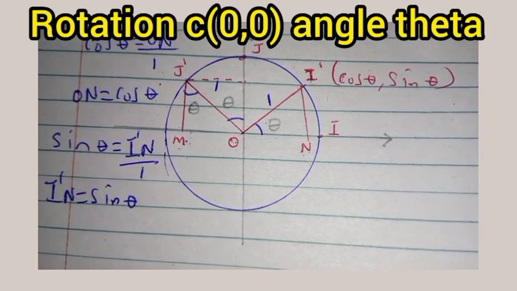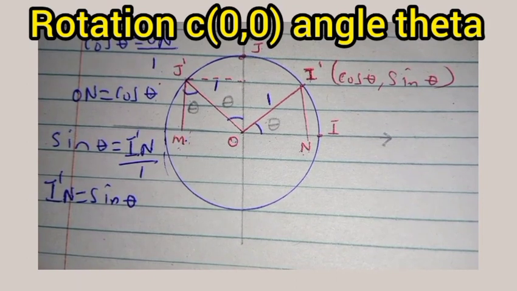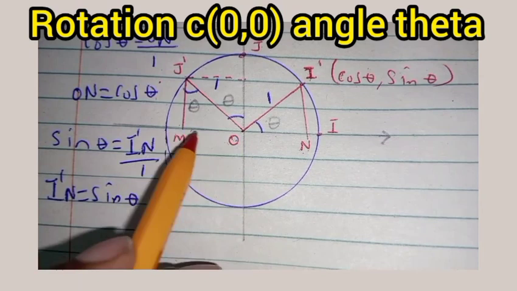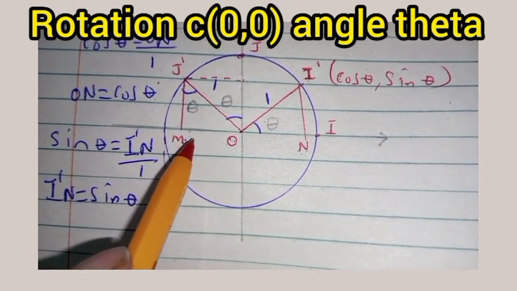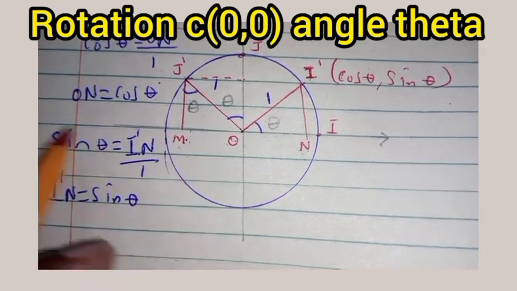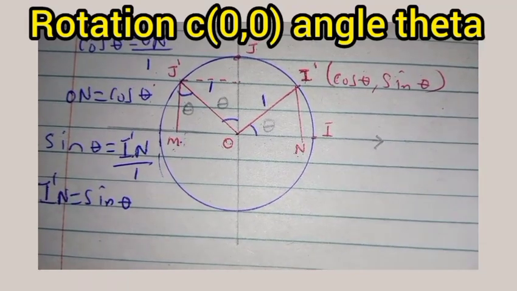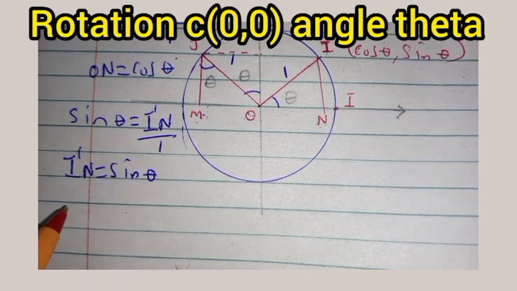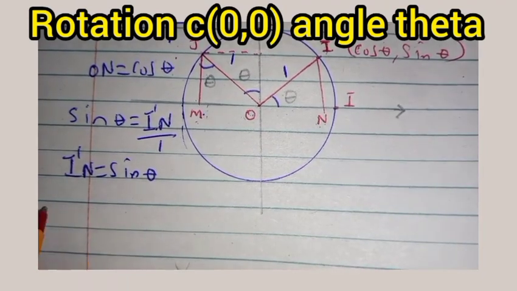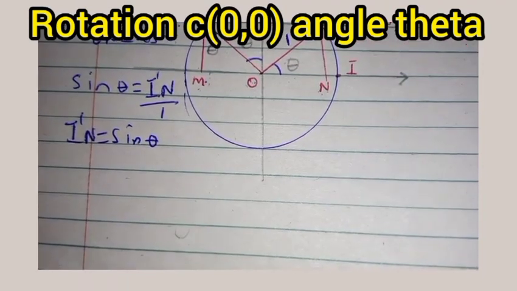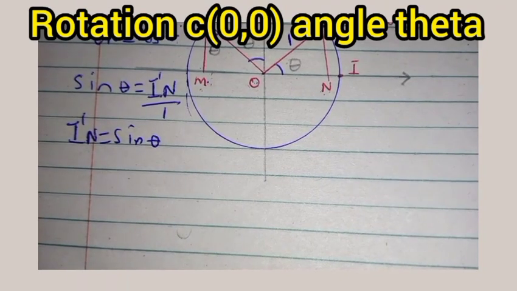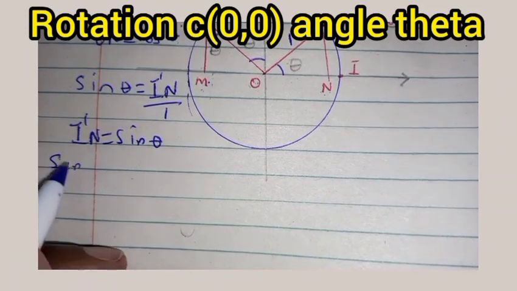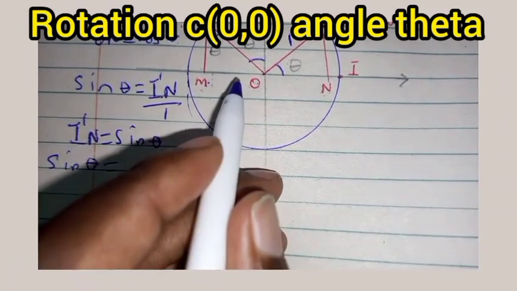So the x coordinate of J prime is OM. I can write it this way: sine of theta is equal to opposite.